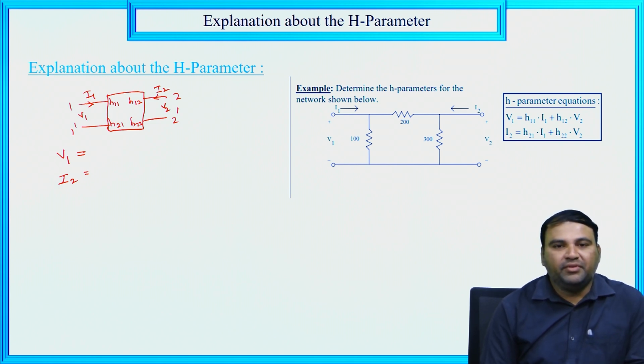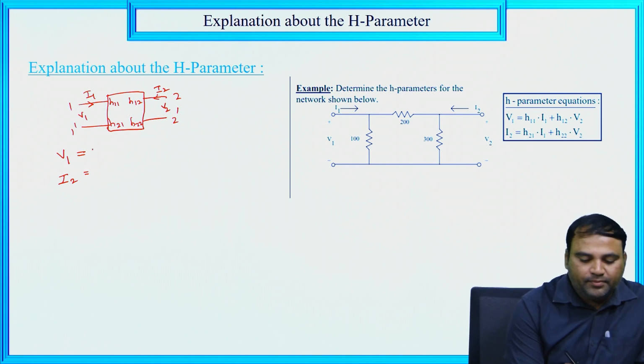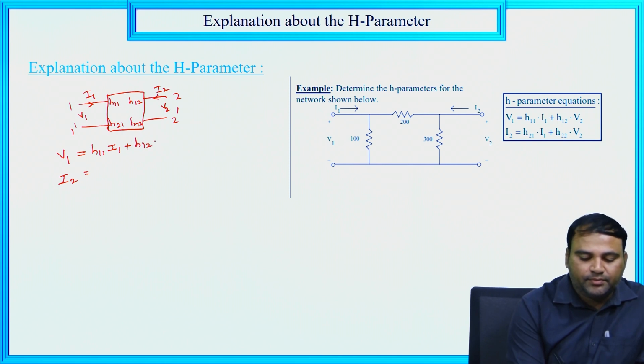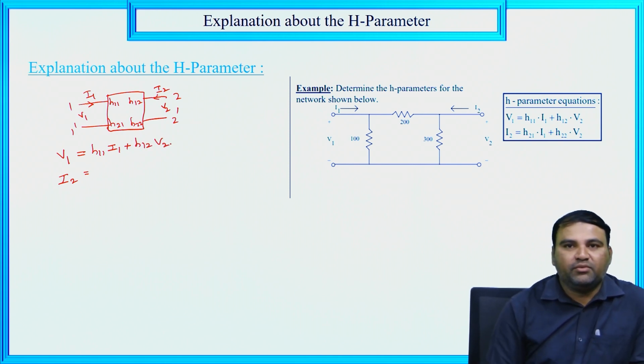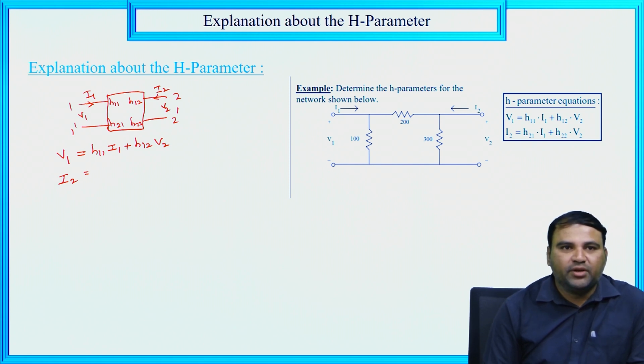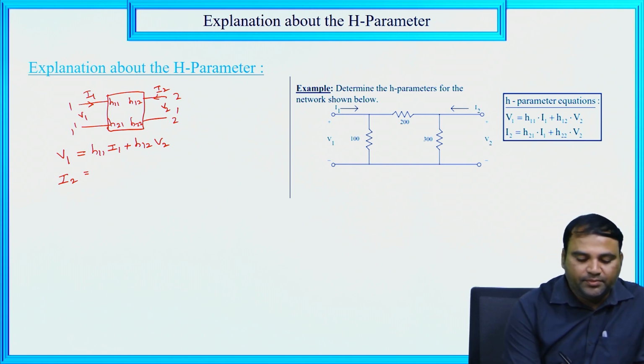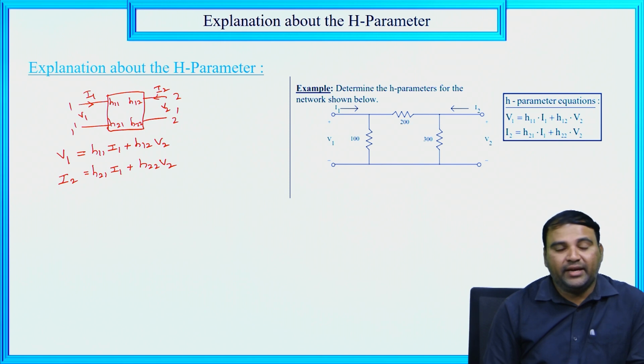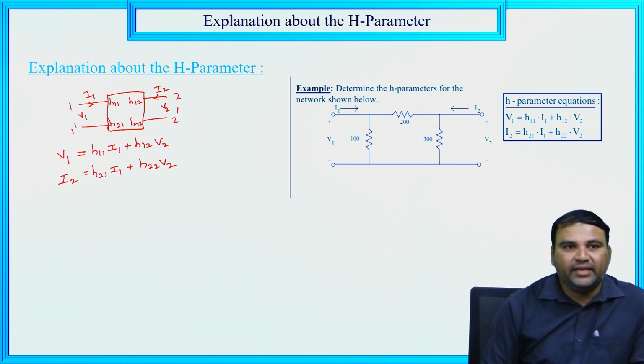So V1 equals H11 I1 plus H12 V2, and I2 equals H21 I1 plus H22 V2, right? The voltage equation is in terms of current and voltage, and the current equation is also in terms of current and voltage. Here is the H parameter equation.